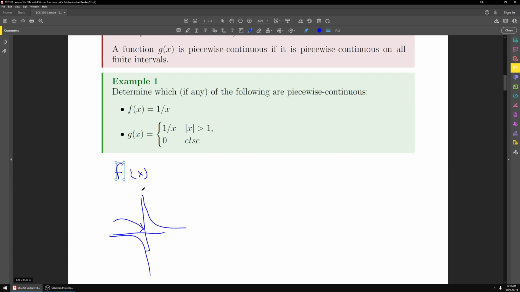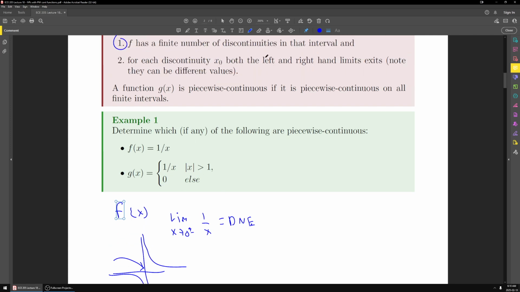But at that discontinuity, the limit as x goes to 0, from either the positive or negative direction, of 1 over x is either infinity or doesn't exist, your choice. It doesn't have a nice finite value, so this function f would not be piecewise continuous because of that essential singularity.